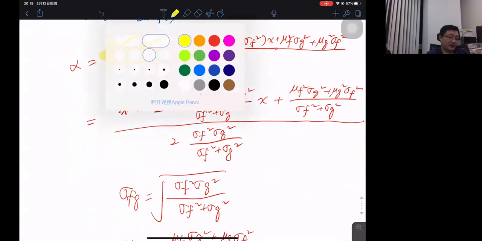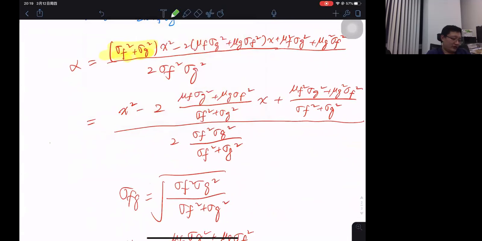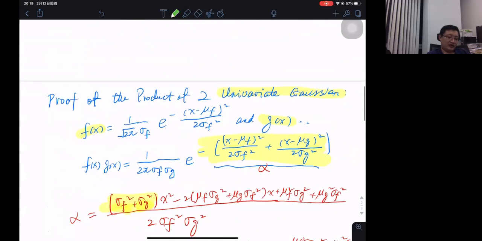This is important. You can see this is the quadratic form of x minus something, squared, over 2 times another something, right? So that means this structure is exactly the same format as a Gaussian distribution.